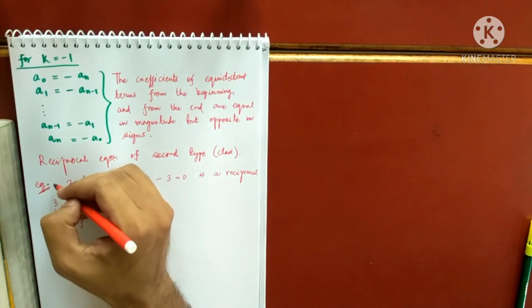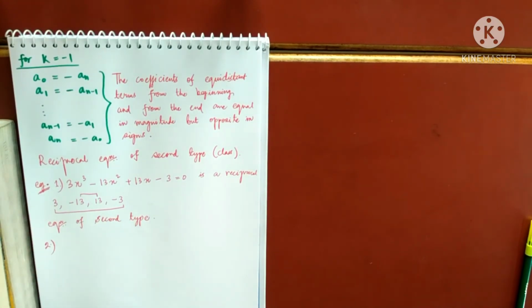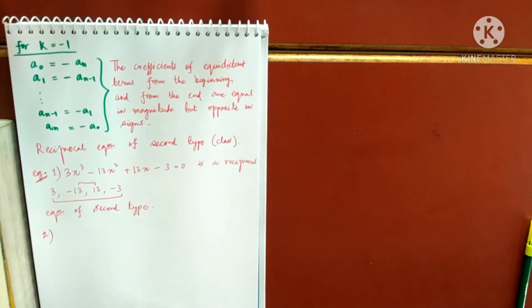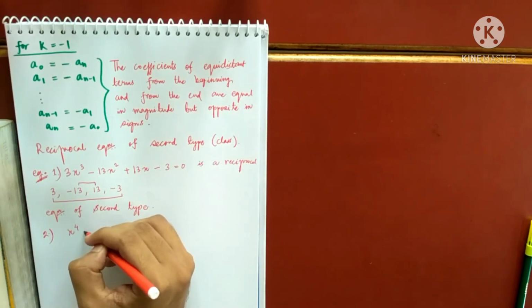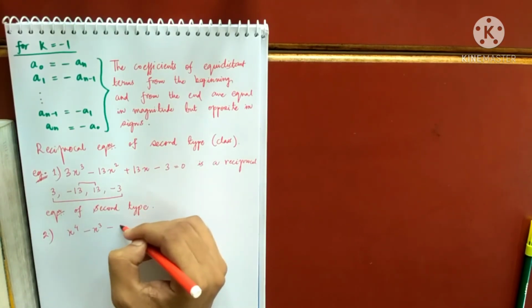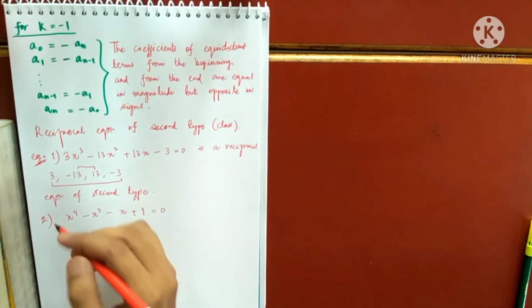Let me show you another example: x to the power 4 minus x cube minus x plus 1 equals 0. What are the coefficients?